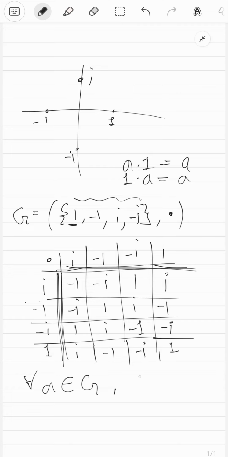What's going to happen is that there exists an inverse, right? So let's call it some other element B, such that B times A and A times B is just the identity element 1 in this case. So I'm just going to mark the identity element with this shade everywhere.